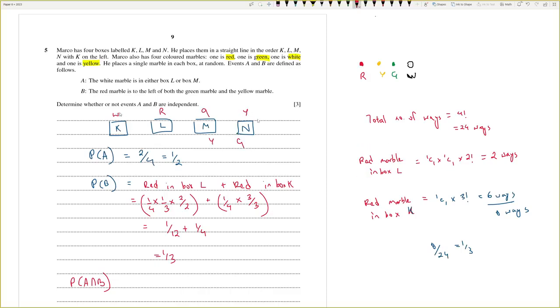The white one has to be in box K. That's fixed. That is why there is no intersection in this one. So the white marble cannot be placed in either box L or M in this first scenario.